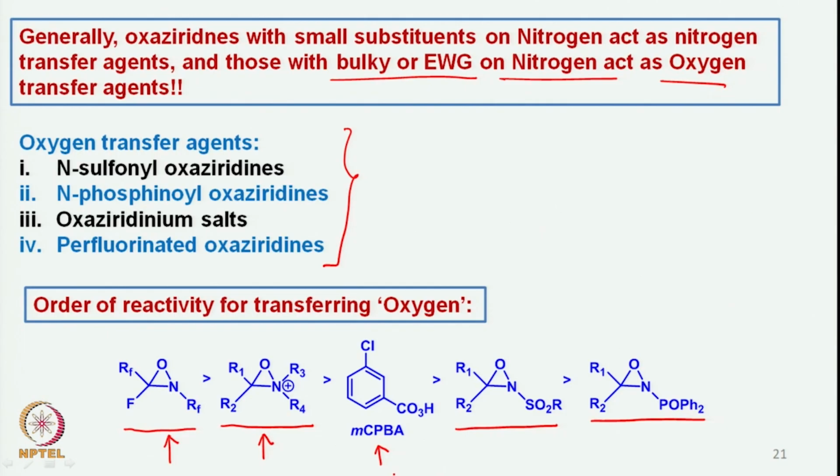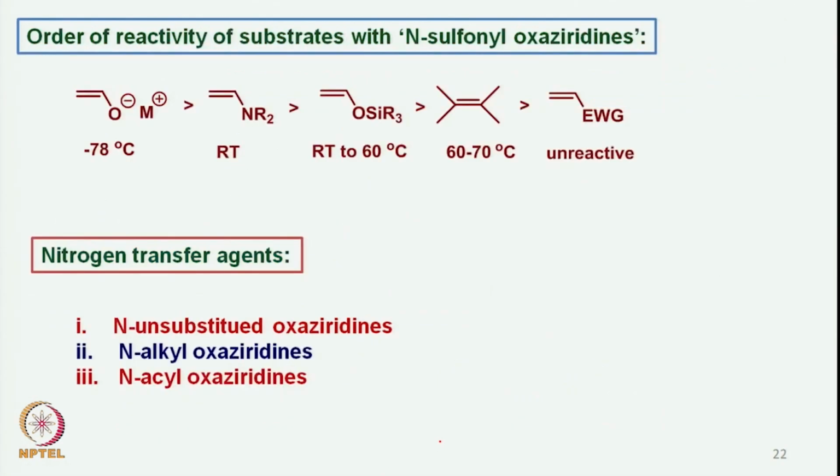Now, that depends upon the reactivity of the nucleophile that we have. So, based on that, if we have the order of reactivity of the nucleophiles, then one can readily match it with the oxygen source as well as the enolate nucleophilicity and decide which combination to take.